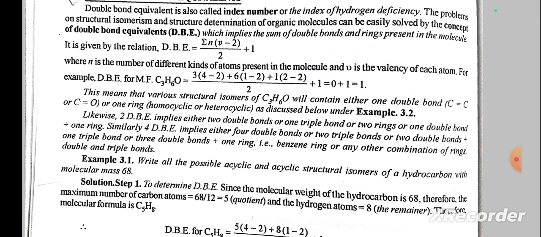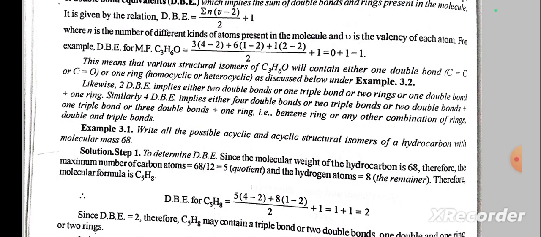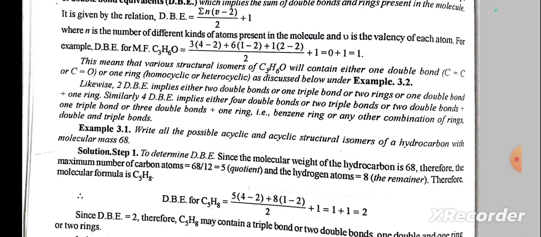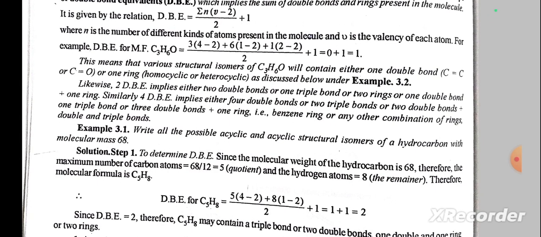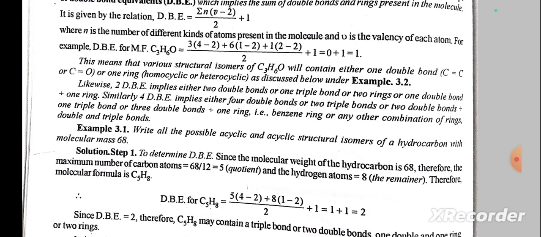This means that the structure of C3H6O will contain either one double bond or one ring, as discussed below under example 3.2.